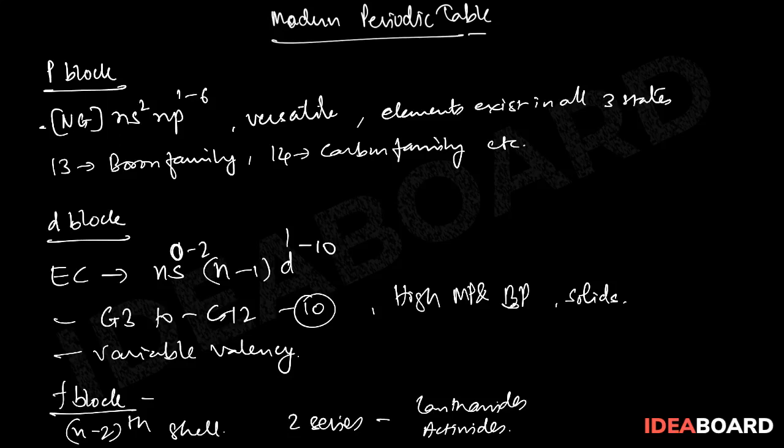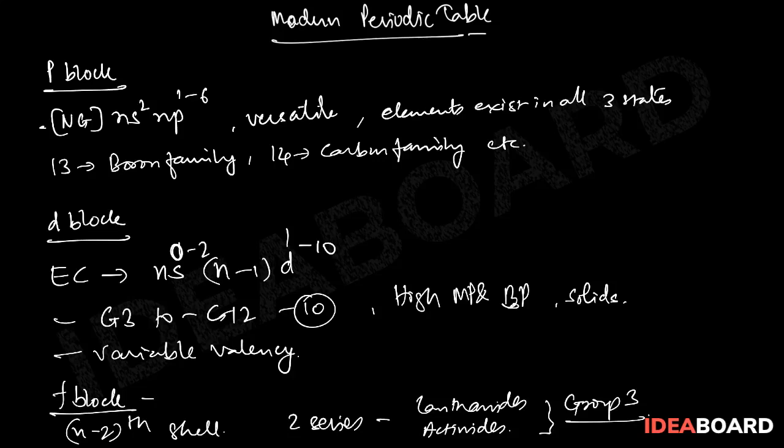Now we know that there are 14 and 14, total 28 elements in F block. All of them belong to group 3, because both lanthanum and actinium belong to group 3.